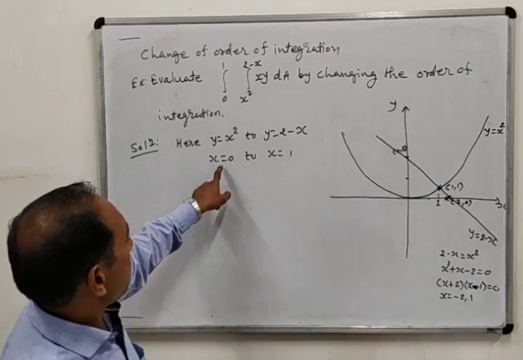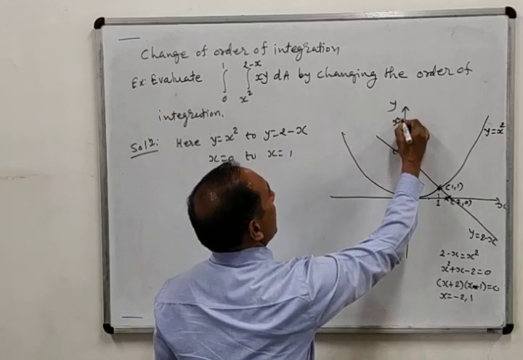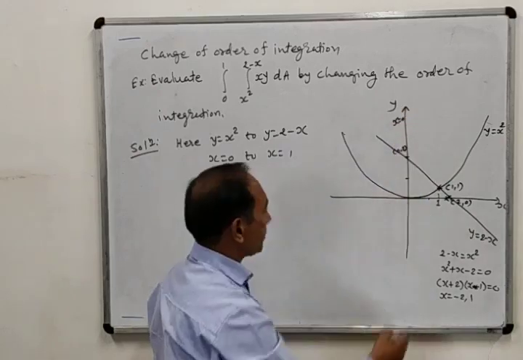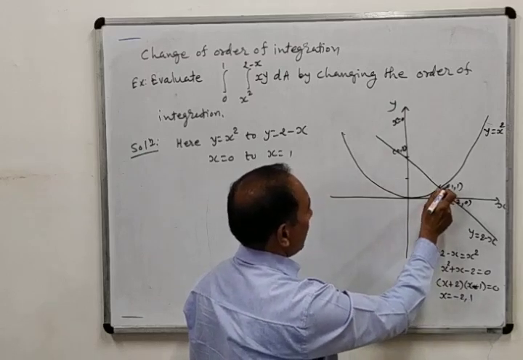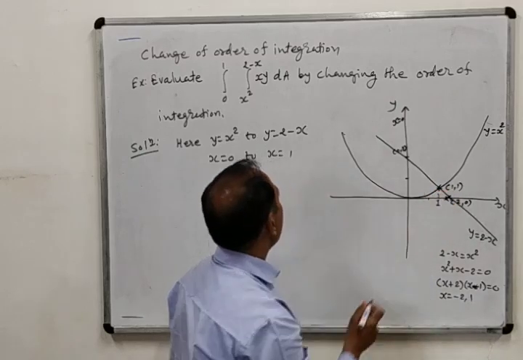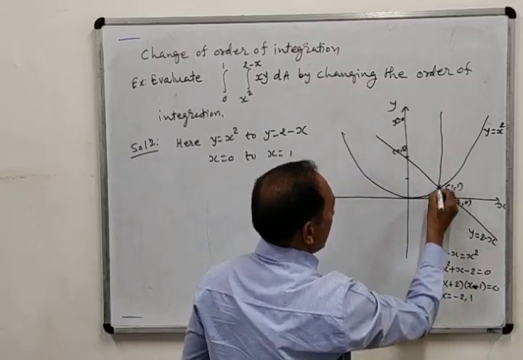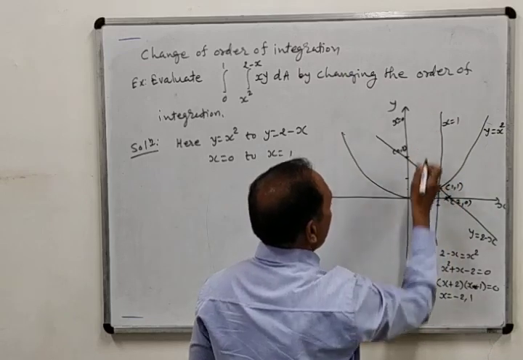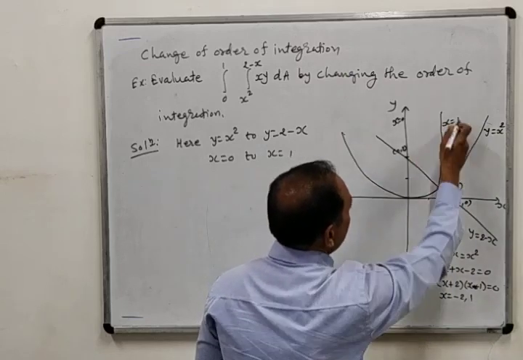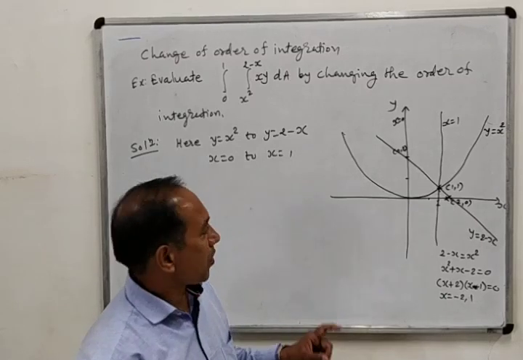Now we will trace out this point. x equal to 0 is nothing but the y axis, and x equal to 1 will pass through this point. If you do not find this point and draw x equal to 1 directly, you will get confused finding the proper region.